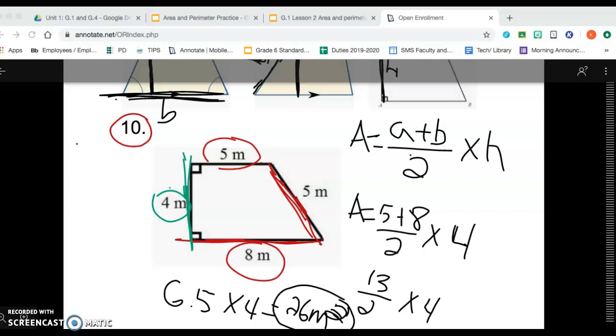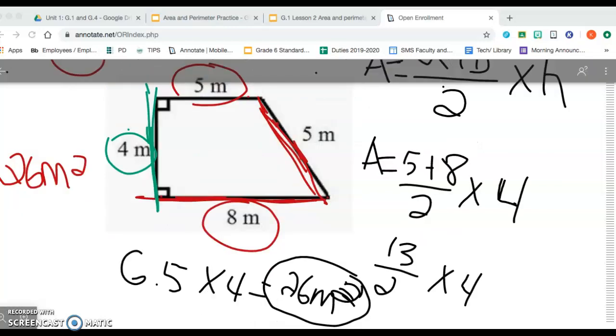I know that's a little hard to see, so let me rewrite it over here. 26 meters squared. So guys, go ahead and make sure that you have this written down. Make sure you show all the work that we did and have the answers with squared. I'm going to go ahead and move on to the next page.